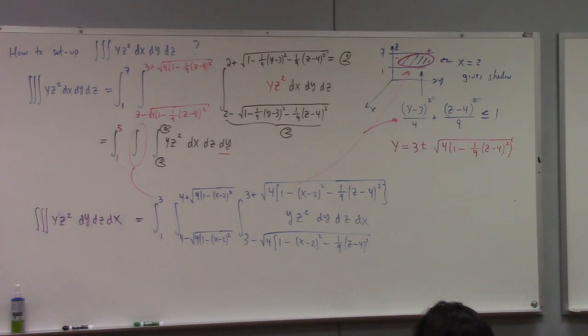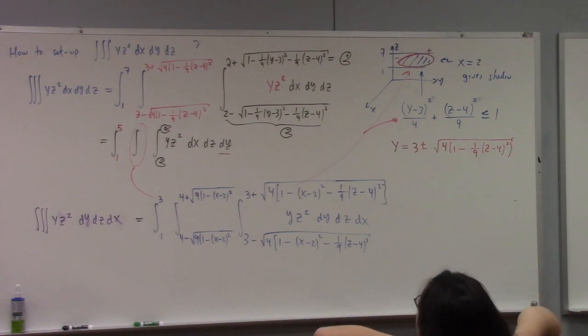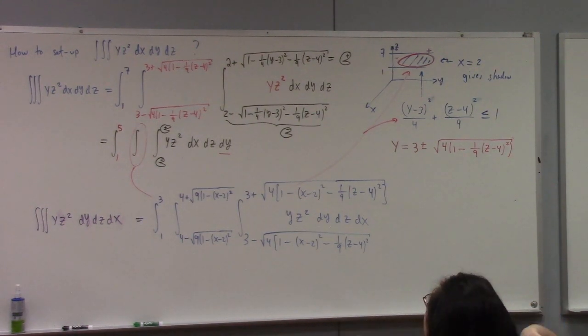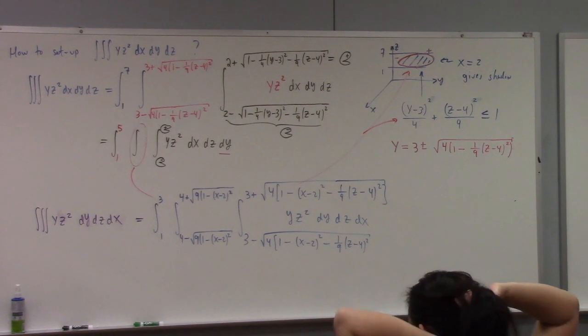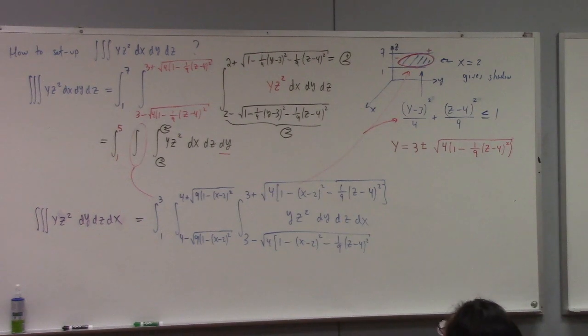Why is that? Do you guys see why there's no symmetry for this one? If I was actually to calculate these horrible integrals, what would I be up against? The function we're integrating, yz squared, is not nicely centered around the center of the ellipsoid, right?